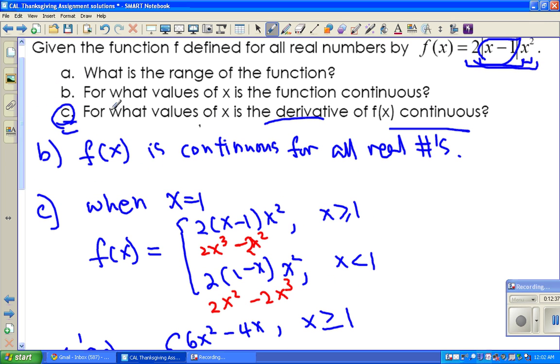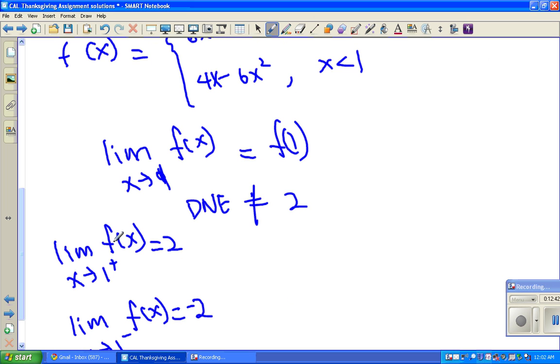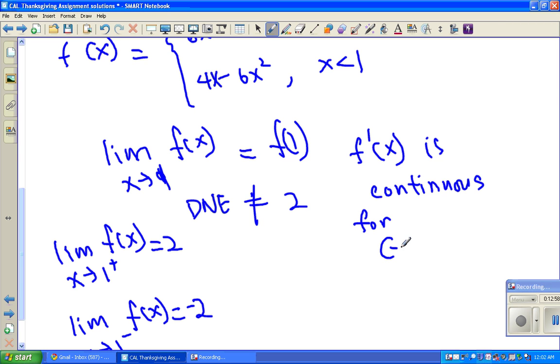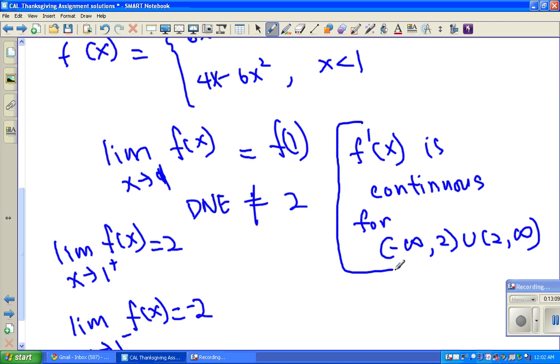Therefore, for what values of x is f prime of x continuous? Negative infinity to 2, but not including 2. So that becomes our answer for C.